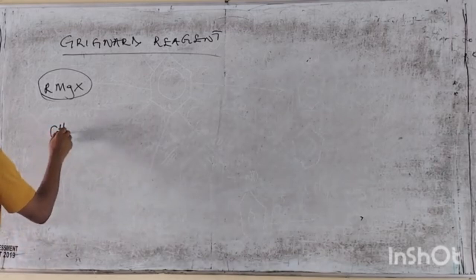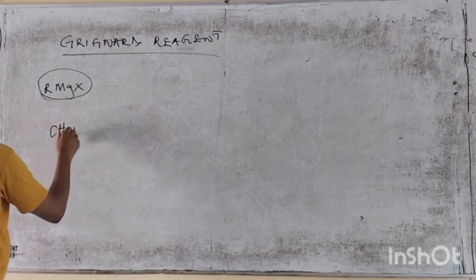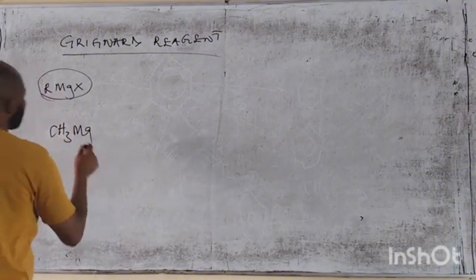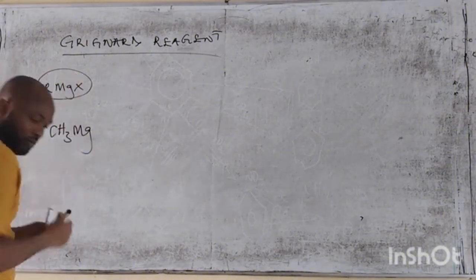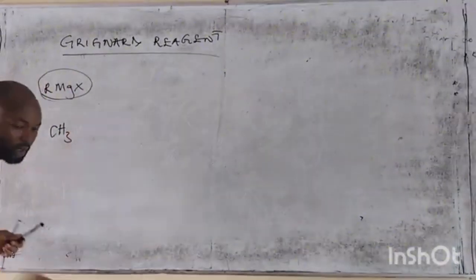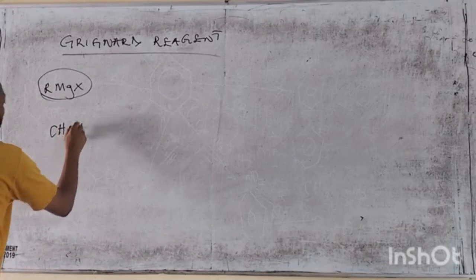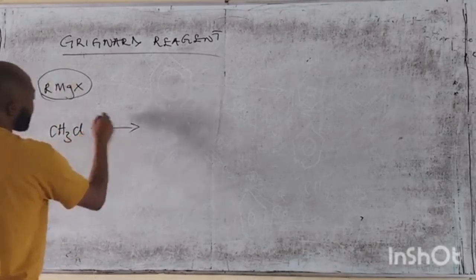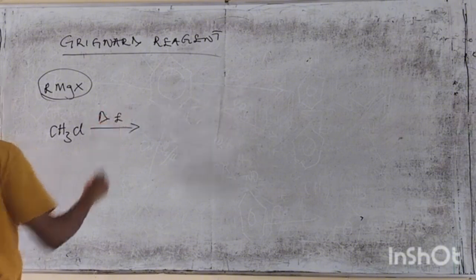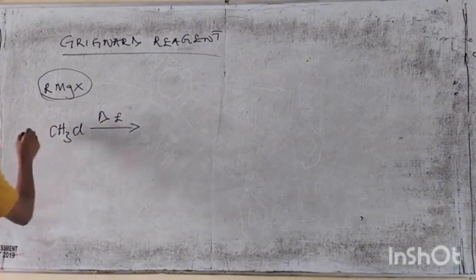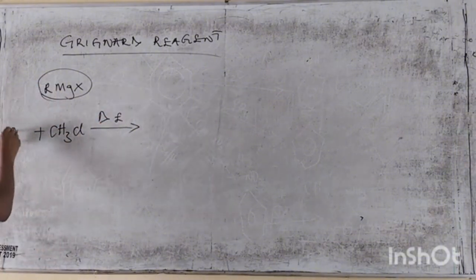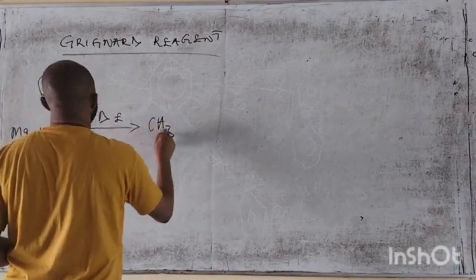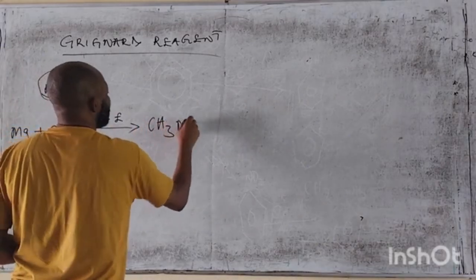My CH3 halide, let's call it chlorine, chloromethane, will react with magnesium in the presence of dry ether to give me CH3MgCl.